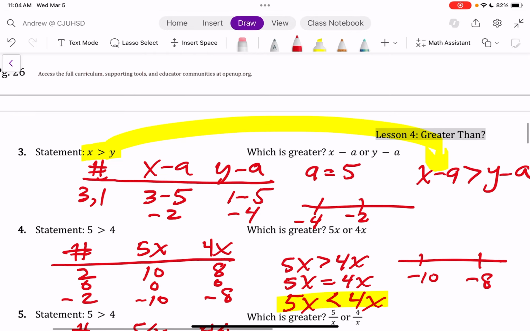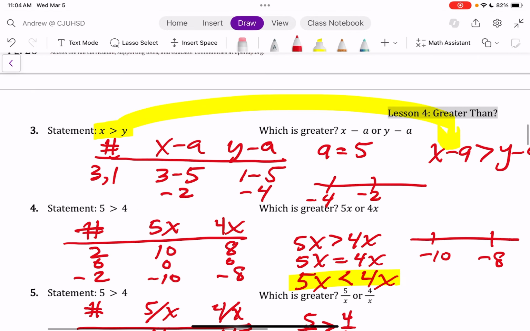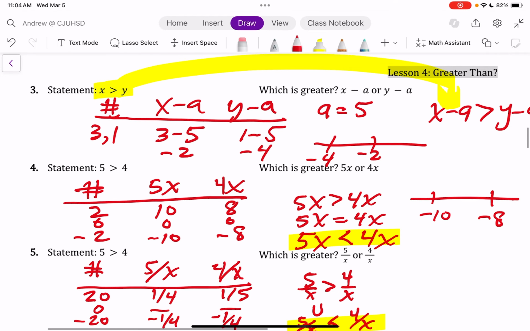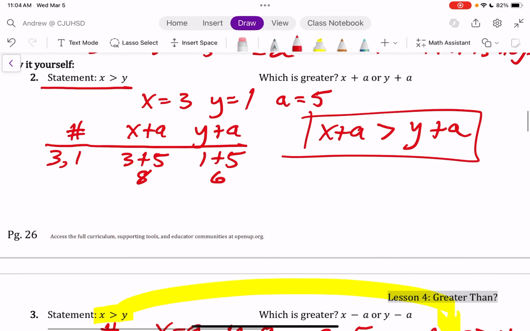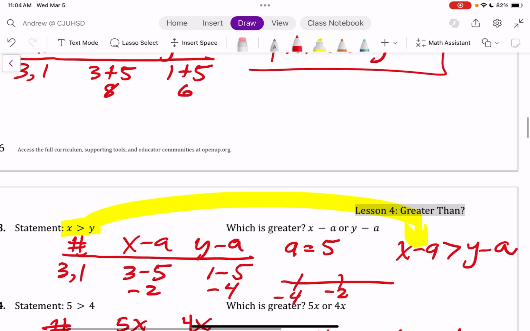One, well, actually, starting with problem 2 and 3. When we add a number or we subtract a number from both sides of an inequality, it doesn't change the truth of the inequality or the solution.